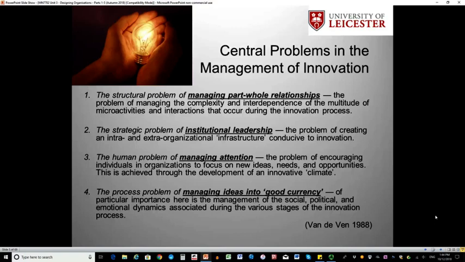And that kind of leads on to the sort of third problem about how do you encourage individuals in an organisation to focus on the new ideas, the new needs and opportunities that are linked to the innovation process. And it's about how do you create a climate that individuals can feel encouraged and supported in their innovative and creative activities.